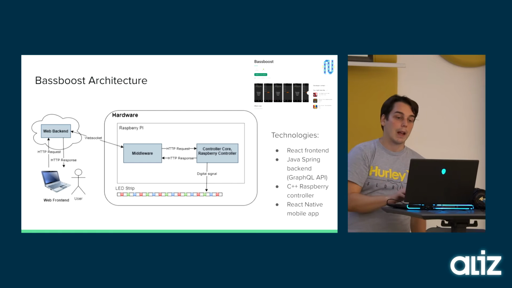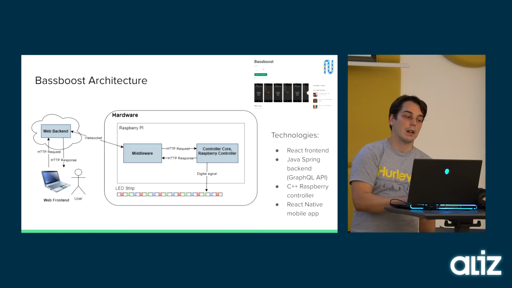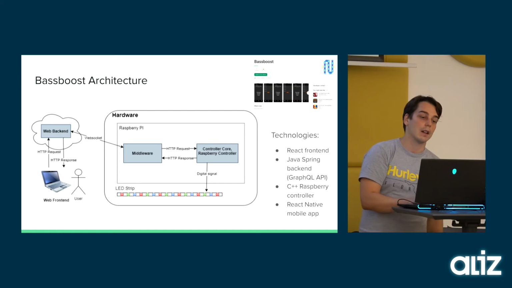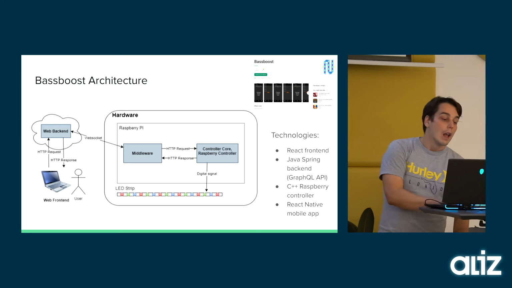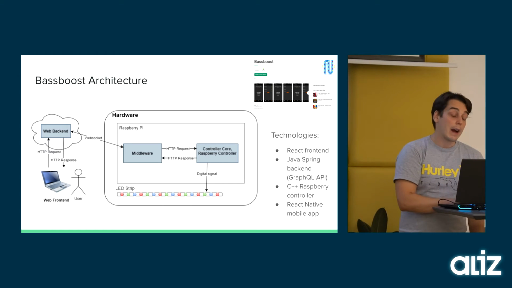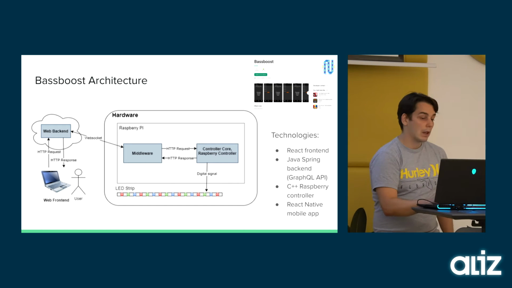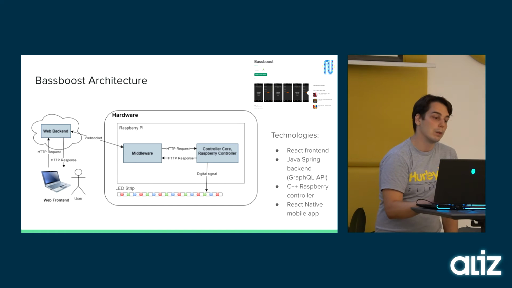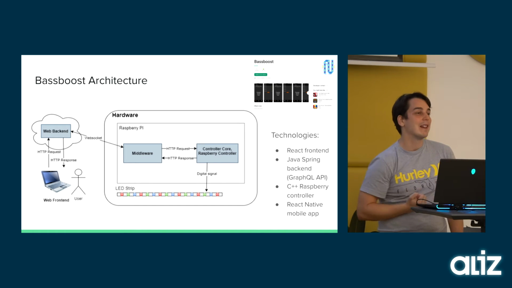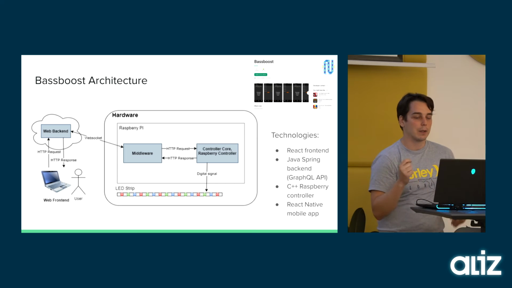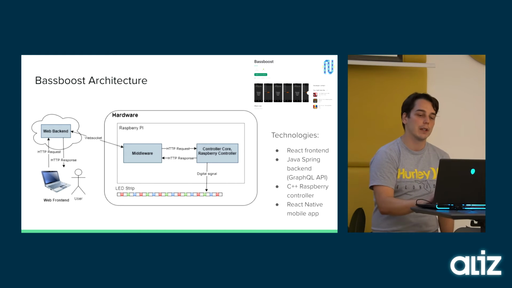So about the architecture. This Best Boost is the name of this project, if you were wondering. So, I got a hardware, which is a Raspberry Pi. It didn't start as a Raspberry Pi, I started with an STM32, but I had memory issues. And also I wanted to write C++ code, which they handle very strangely.